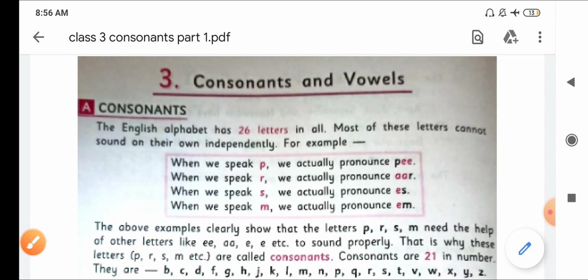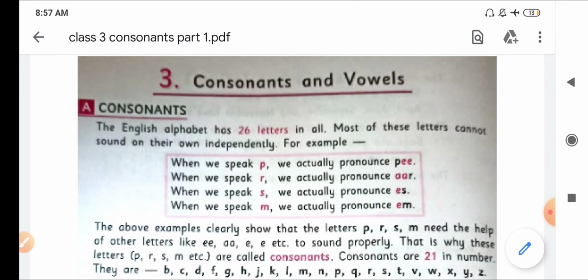That means we have to add either one or two more letters to pronounce a particular consonant. We will see those letters which cannot be pronounced individually, independently. The pronunciation is not possible. Such types of letters are called consonants.